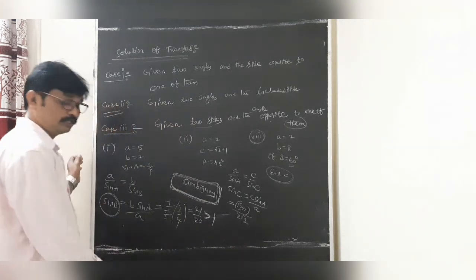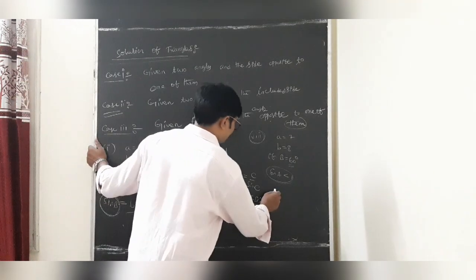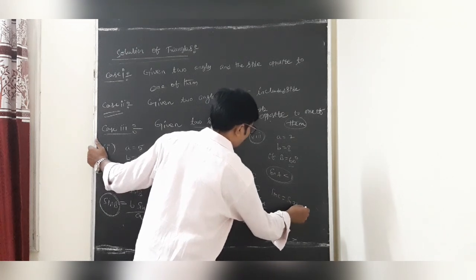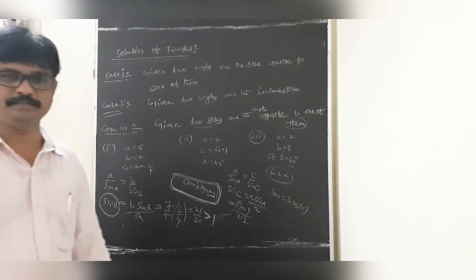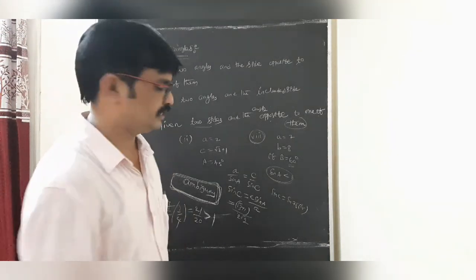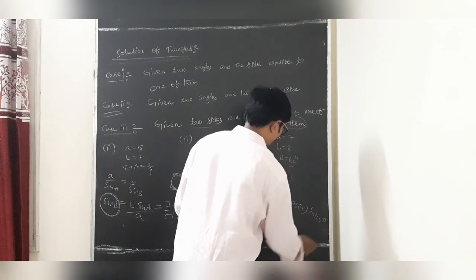This is sin of 75 degrees. My dear students, sin C equals sin 75 degrees, or sin 180 minus theta is also sin theta. Sin theta equals sin of 180 minus theta. 180 minus 75 is 105.